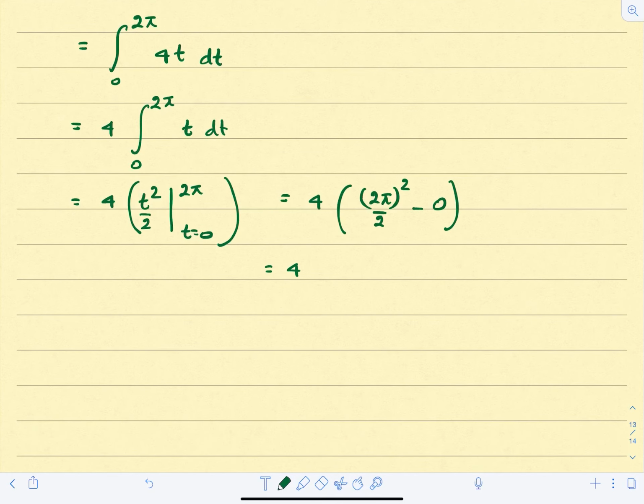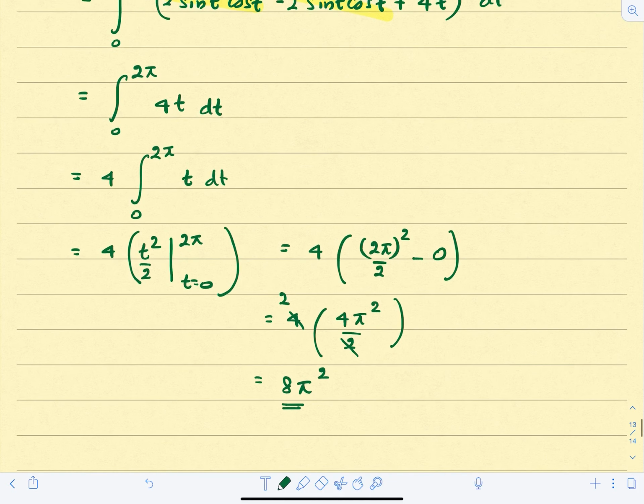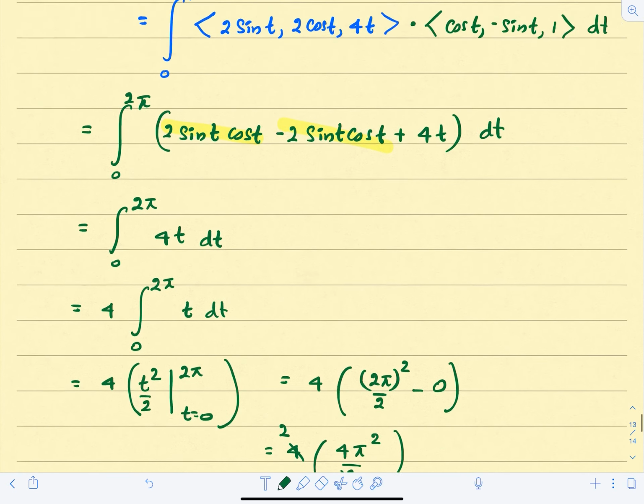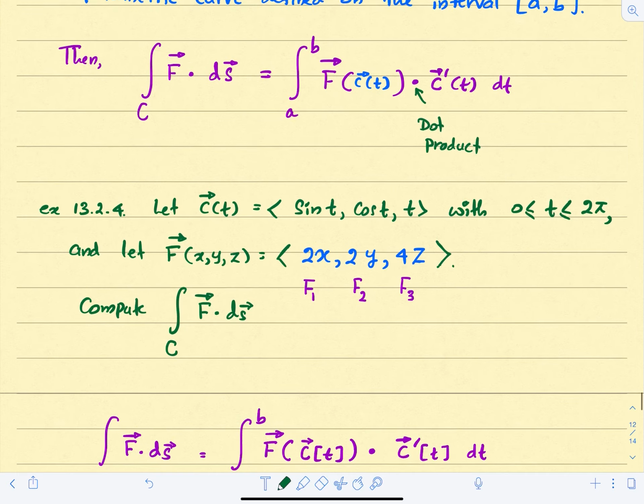So this equals 4 times 4 pi squared over 2, which equals 8 pi squared. This is the value of the line integral of this vector field f.